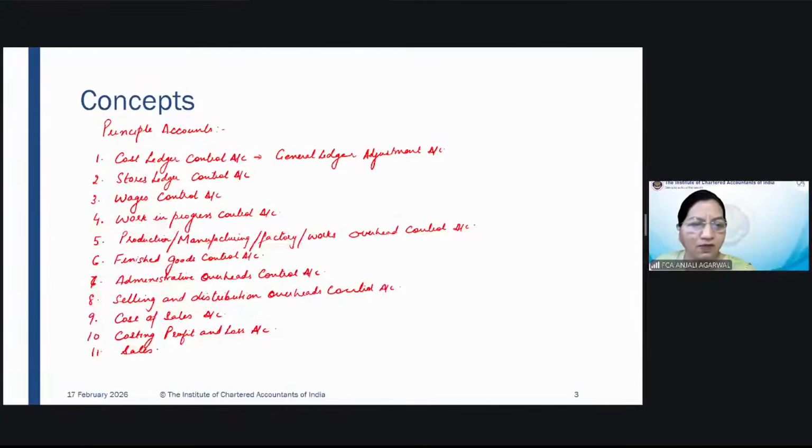So this is how all the accounts are kept in the non-integrated accounting system. I hope this is clear. So you were asking, why do we keep a separate cost accounting system? Some organizations are very large. There is a lot of manufacturing and production, and cost control is important. So that justifies having a separate cost accounting system altogether, where detailed costing related items are kept.